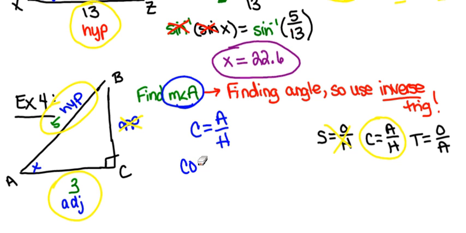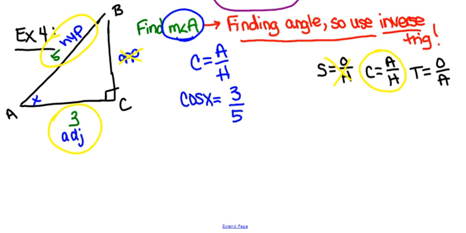So cosine of angle x is equal to the adjacent, which is 3, over the hypotenuse, which is 5. And again, I'm finding an angle. So now to solve this, I'm going to use inverse trig. So on the left side, I've got inverse cosine of that cosine of x.